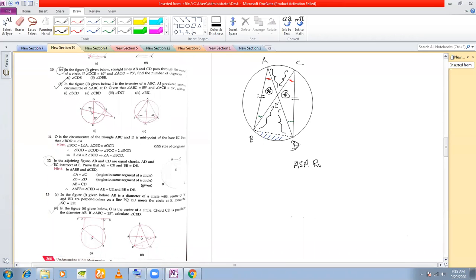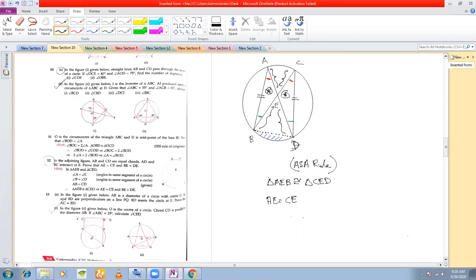ASA rule of congruency we are going to use to prove that triangle AEB is congruent to triangle CED. And therefore we can write AE is equal to CE.